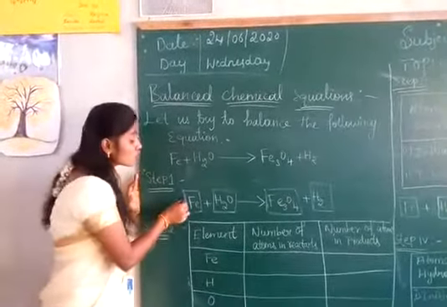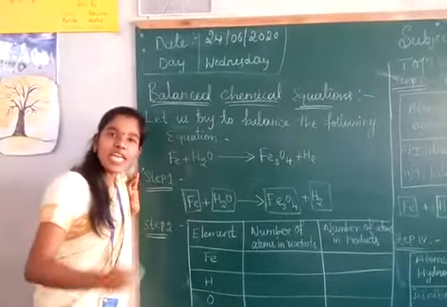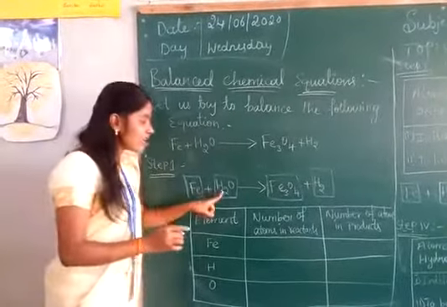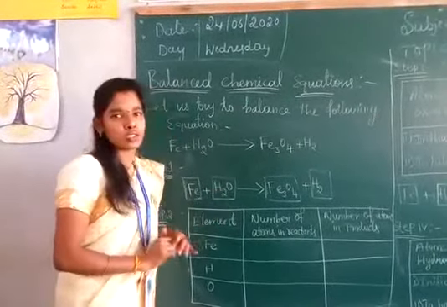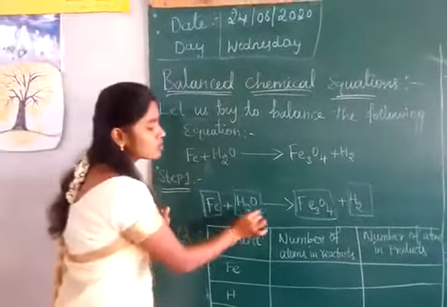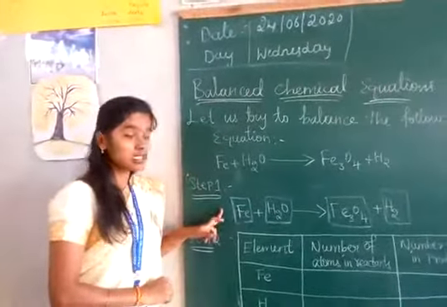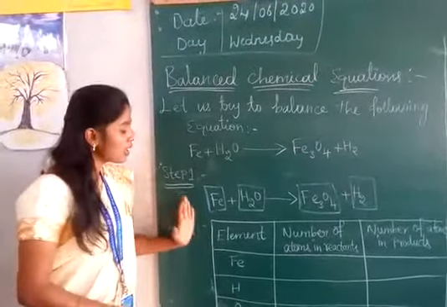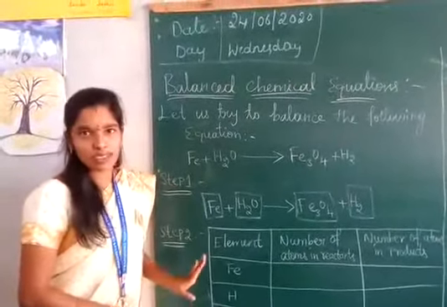And next, you should not change anything inside the boxes. You should not change the number of atoms present inside the boxes. Leave them as they are. Only change outside. First step, draw boxes around each element. Next, do not change anything inside the box.